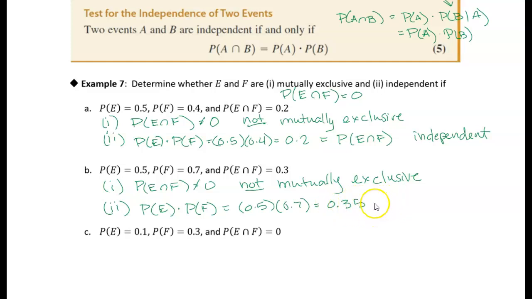Right? Which is not equal to 0.3, which is the probability of the two events happening together. So because the product does not equal the probability of them happening together, these two events are not independent.